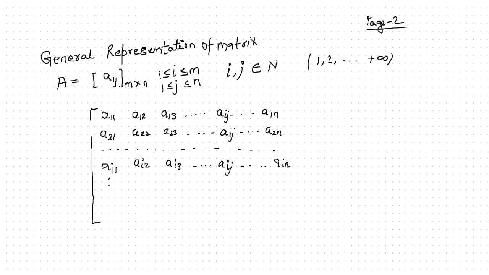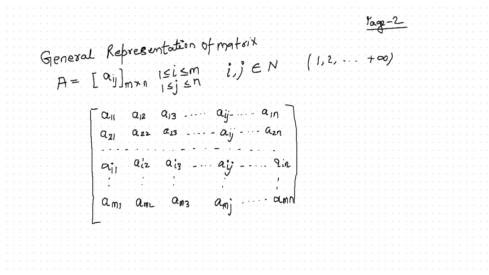Similarly move down, and finally we will get the last row, the mth row, that is Am1, Am2, Am3, sorry, Amj, and continue up to Amn.